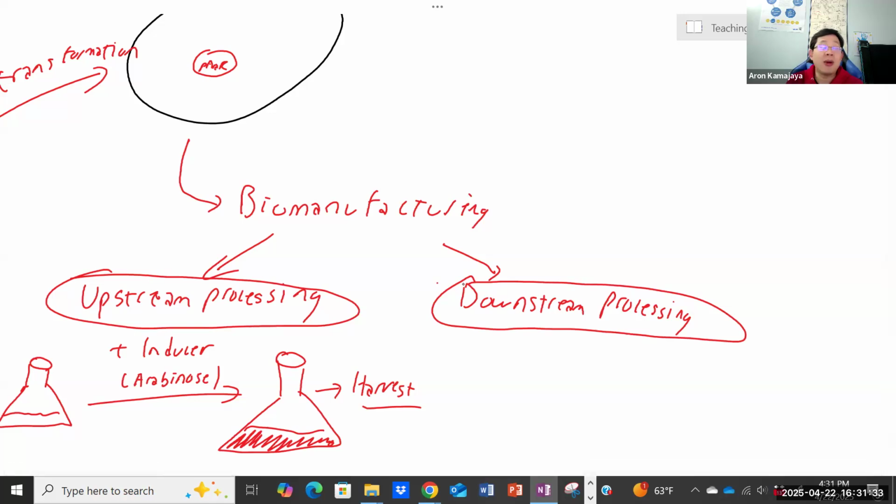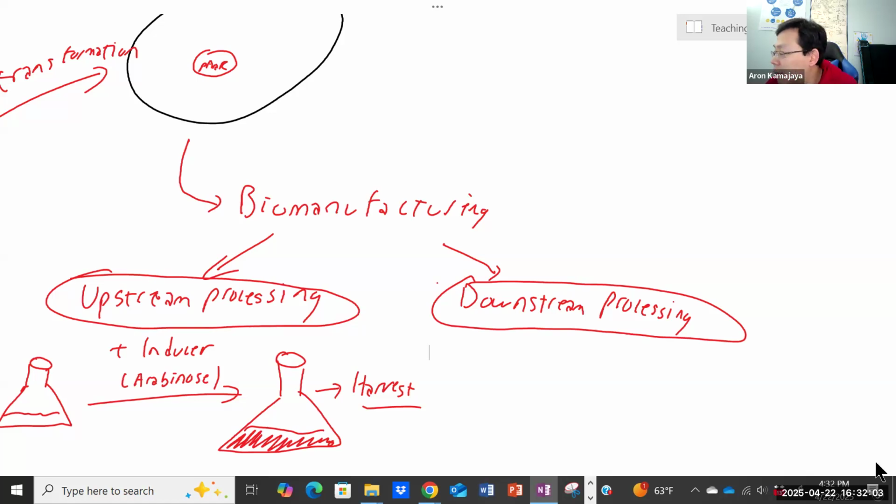It has DNA polymerase, it has the enzymes involved in glycolysis, right? It has all those enzymes, and in the downstream processing, the mission is to separate your product from all this other junk so that at the end you have a pure product by itself, and you already removed all this other junk. Okay, so that's the downstream processing.